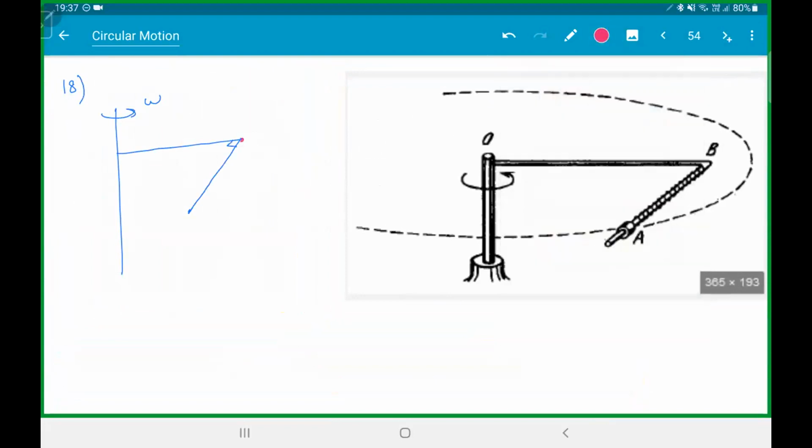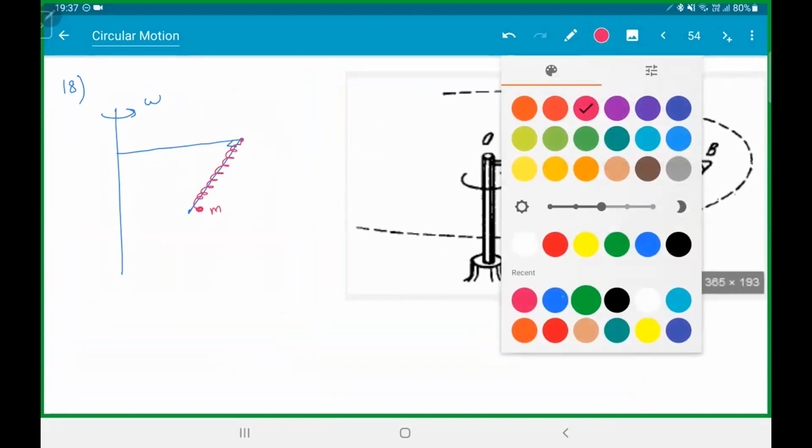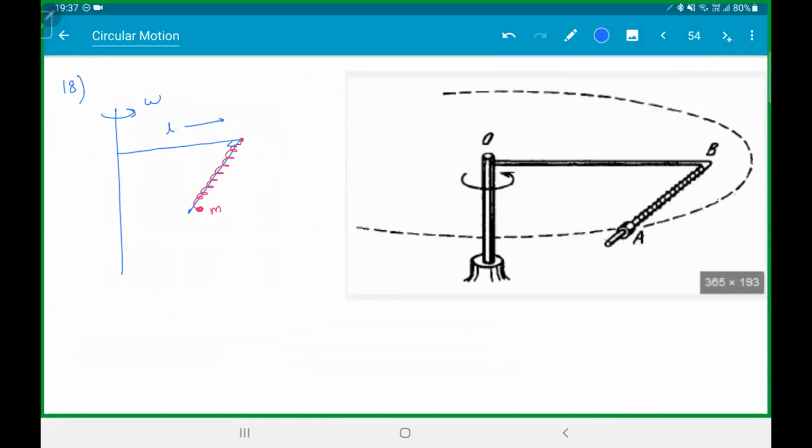Here you kept a spring, mass M. This length is L. The natural length of the spring is also L. And the whole system started rotating with omega. I hope the diagram is clear.